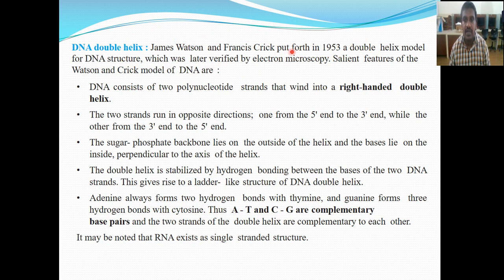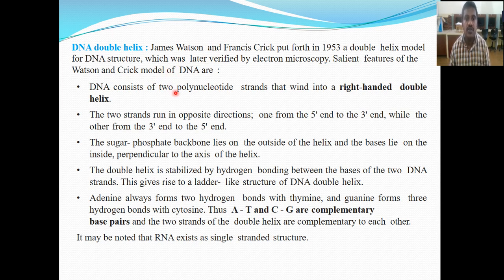In 1953, Watson and Crick put forth the double helix model of DNA structure, which was later verified using electron microscopy. Some salient features were put forth by Watson and Crick regarding DNA. So we'll see which are the salient features of DNA.